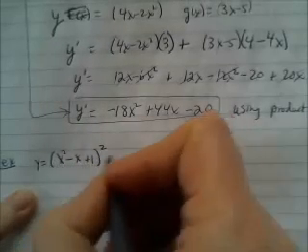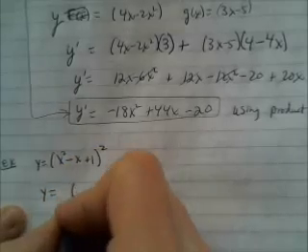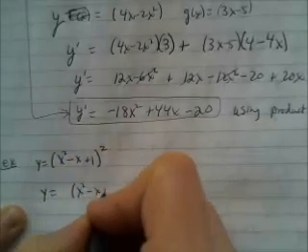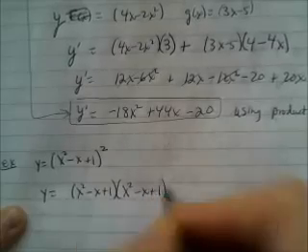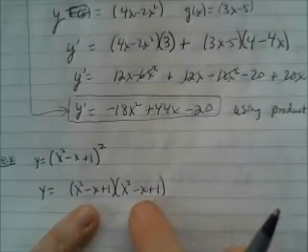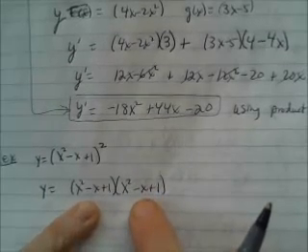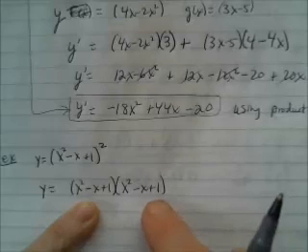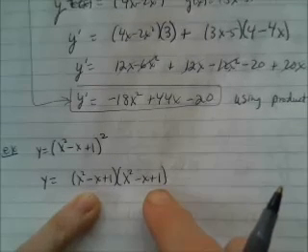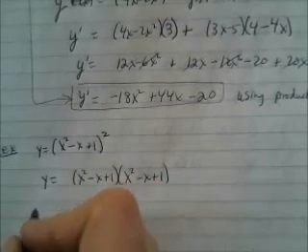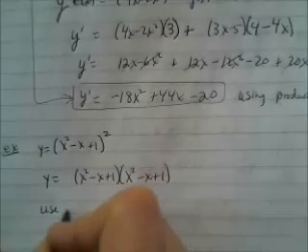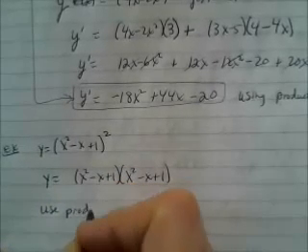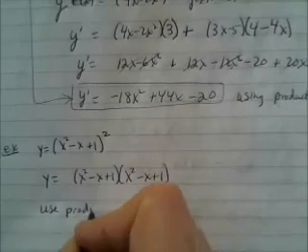We would have to multiply x squared minus x plus 1 by itself, which isn't too hard, but it's a little bit more involved than FOILing like the last problem. So I think I'm going to make it a little bit easier by using the product rule, since it's probably just a little bit faster.